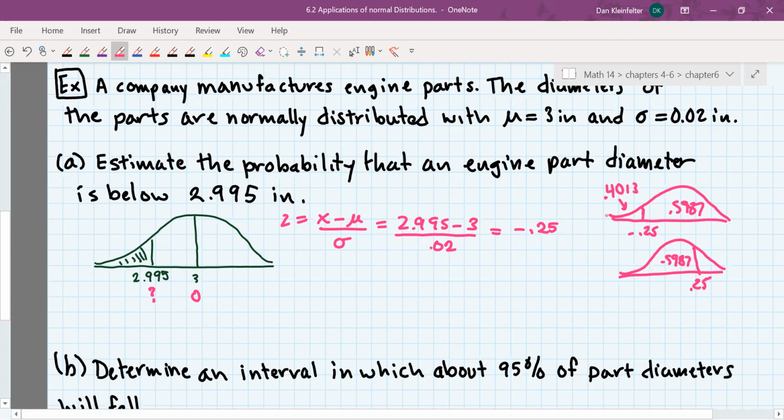So the final answer, the probability, is 0.4013. Okay, so overall, we're given a distribution that had a non-zero mean and a non-one standard deviation. So we first used this z-score formula to help translate it into a standard normal distribution. We found our z value, and then we had to do a little playing around to find the probability.